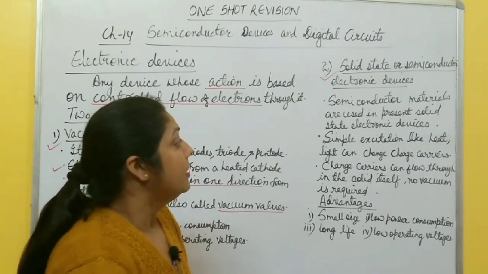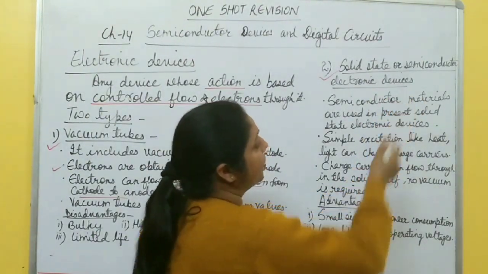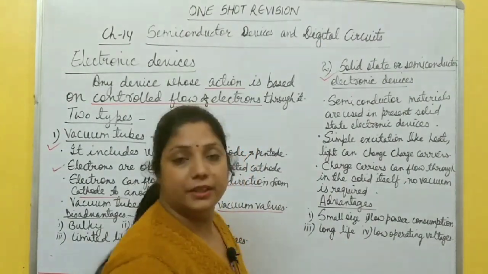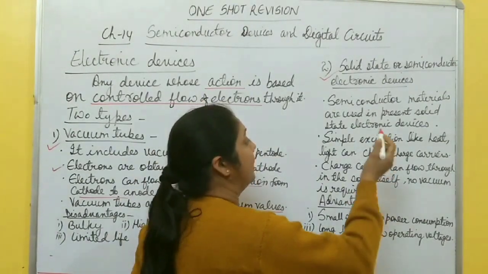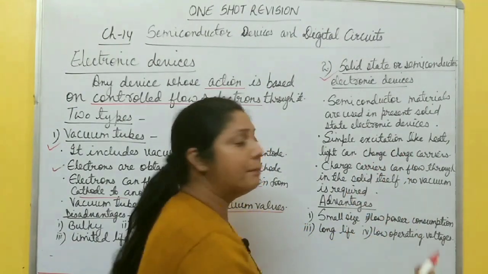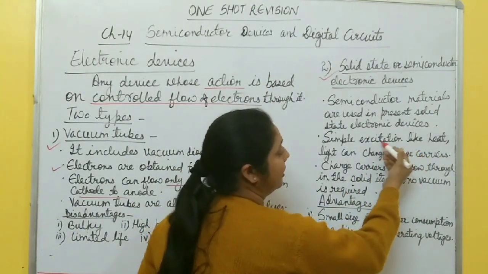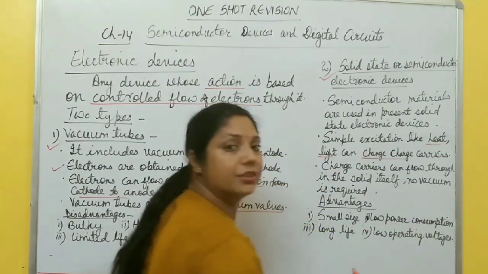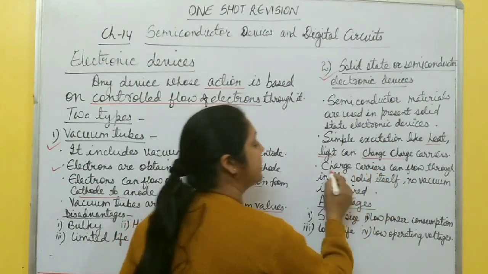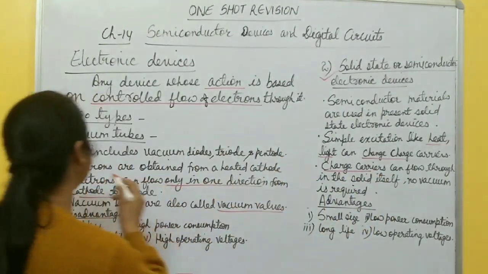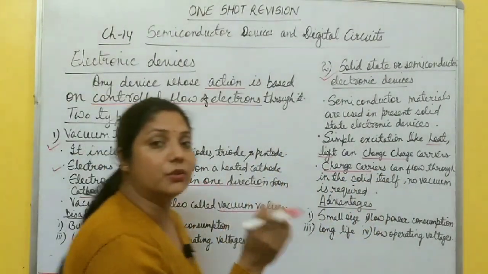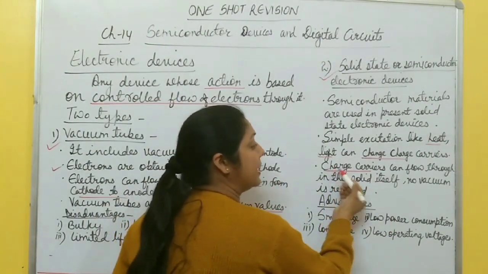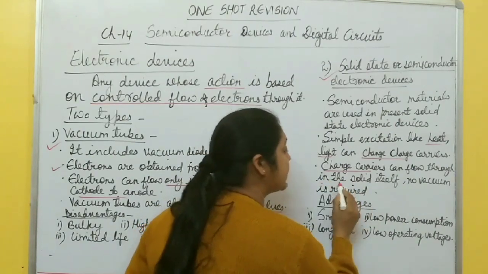What is this? In these semiconductor electronic devices, semiconductor materials are used. Here charge carriers are excited by simple excitation processes like heat and light. Charge carriers include both electrons, negative charge, and positive charge. I will discuss this later on. These charge carriers can flow through the solid state itself.